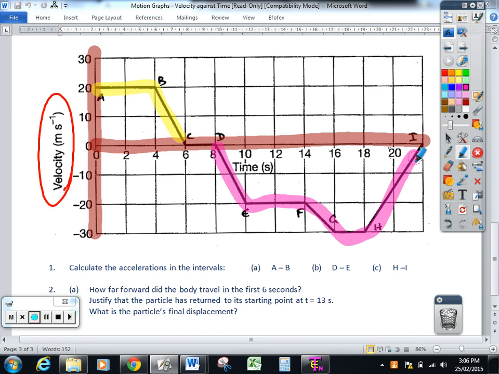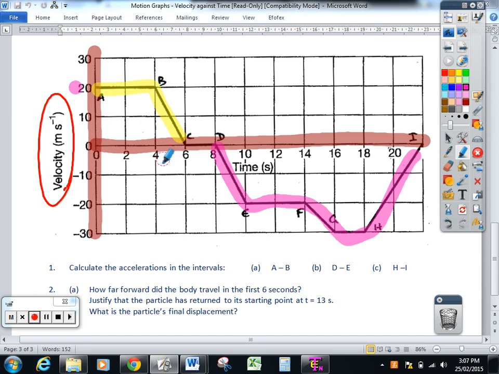All we know is at time equaling 0, it's travelling at how fast? It's travelling at 20. We don't know where it is, we just know how fast it's going. Okay? And it's moving in which direction? Forward. So it starts at time equaling 0, it's travelling 20 metres to the right, or to wherever that direction is, and it is travelling at a constant velocity.